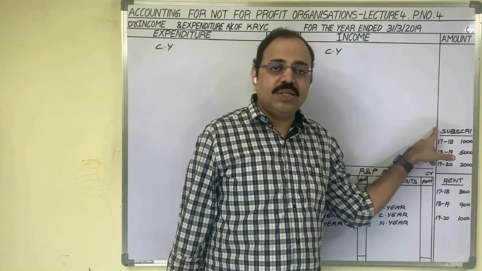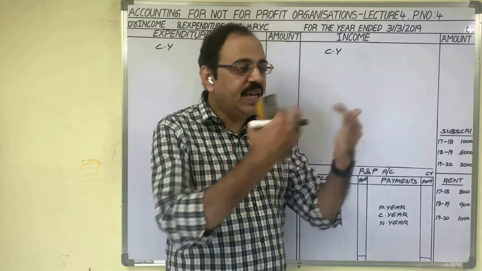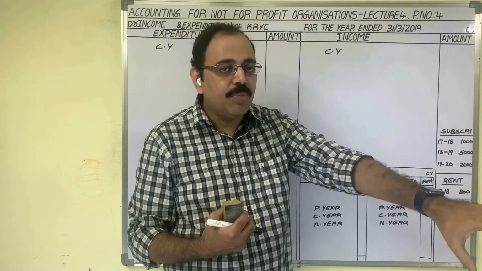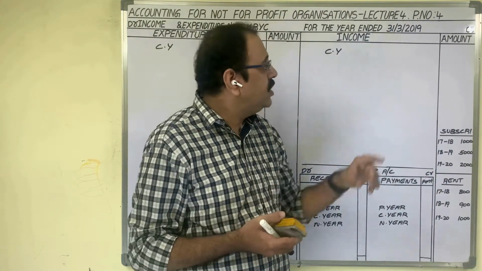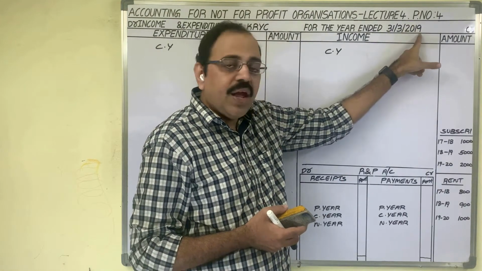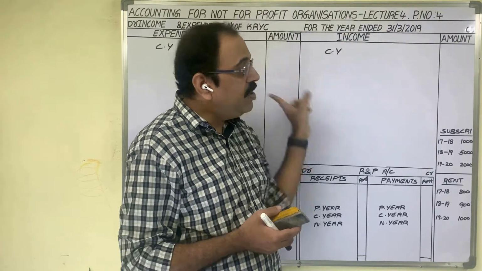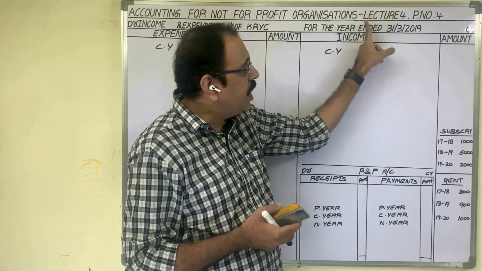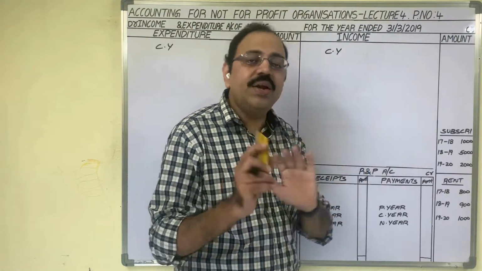Take subscriptions. Subscription is one receipt to the firm. It is one income to the firm because members pay that amount to the firm. Cash is coming. Our current year is 2018-19. So on 31st March 19, we are preparing final accounts. Means the starting date is 1st April 18. So 2018-19 is the current year.